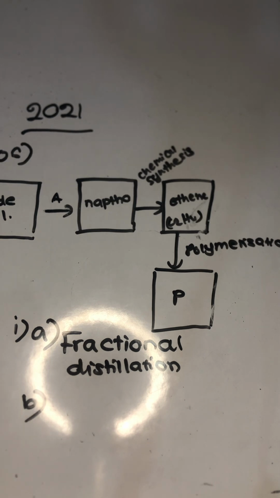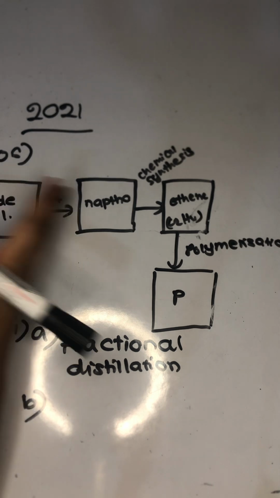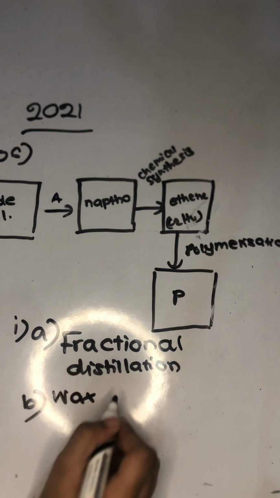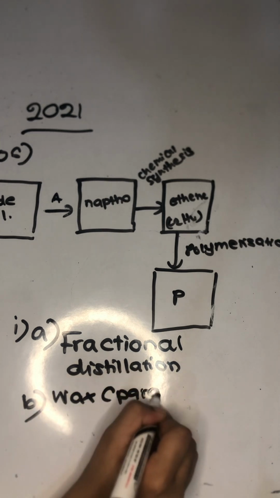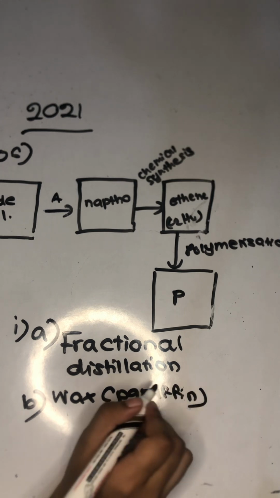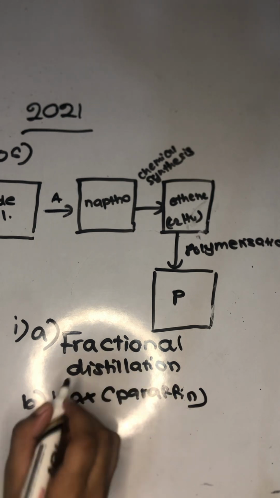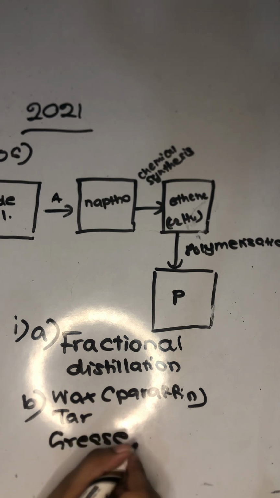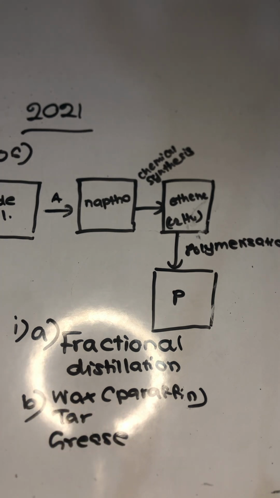Usually hydrocarbons are separated by fractional distillation, and in this instance it's like that. So you can say paraffin wax. That can be taken as one answer. The second ones are tar, asphalt, grease. These can be taken as different answers. If they talk about the solid, the best answer would be wax. So don't think too much about that.